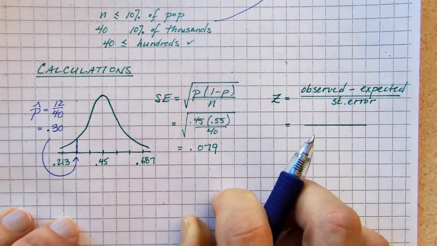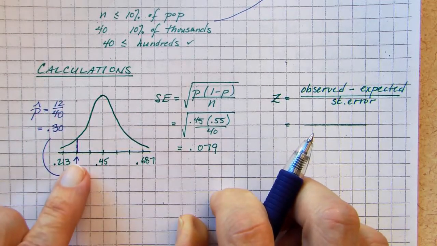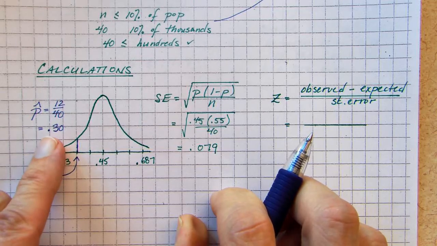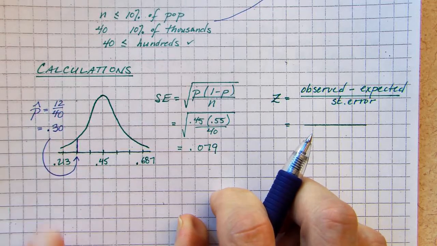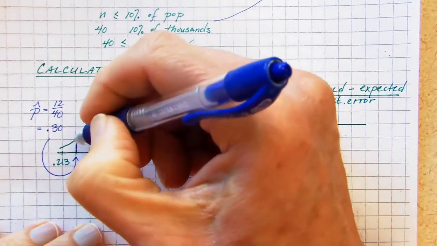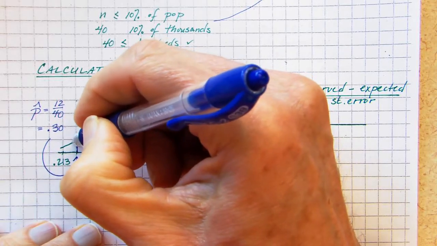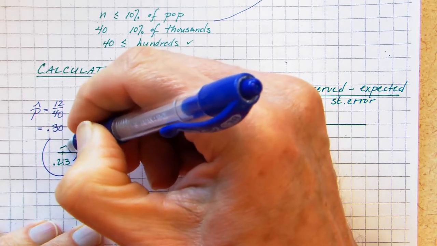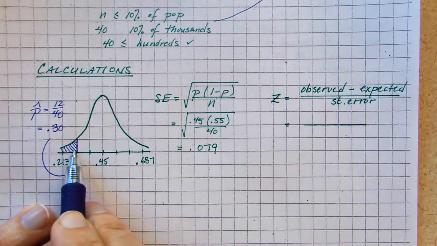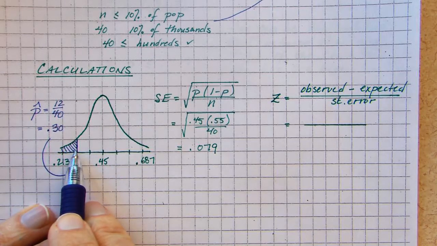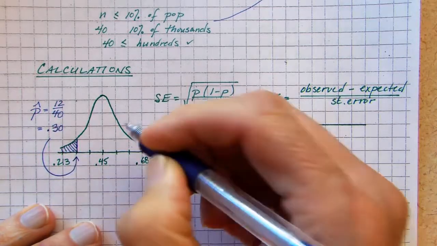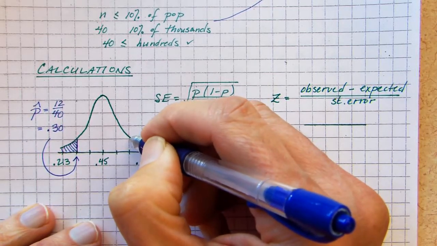What we're trying to assess is how unusual this sample outcome of 30% is. The way we represent that is to shade this area out here, about 15% below 45. We're also going to shade this region over here, the mirror image.